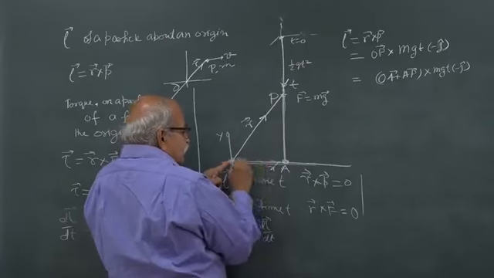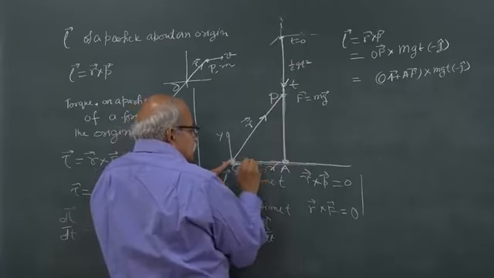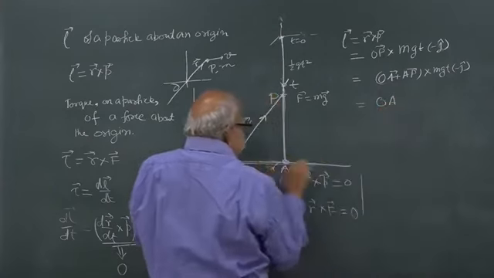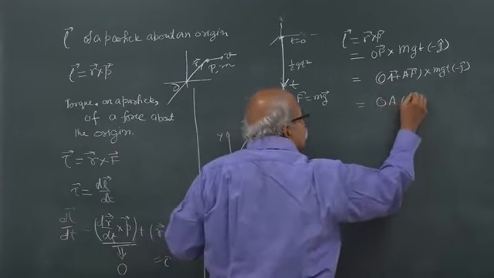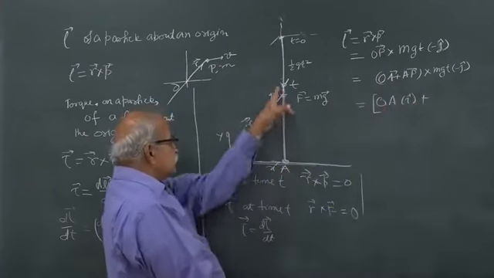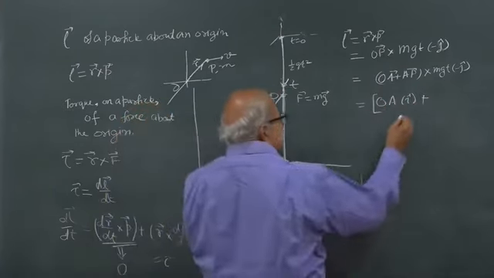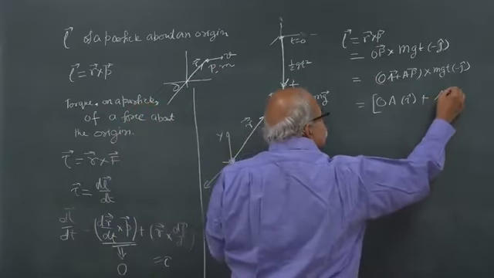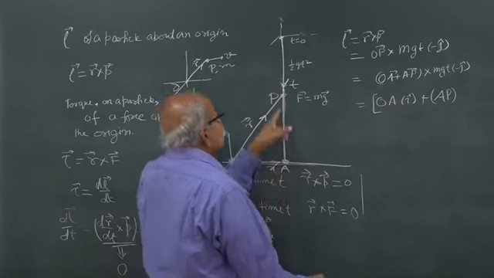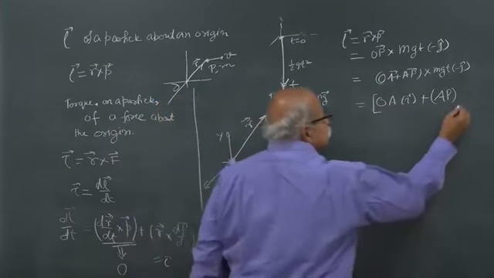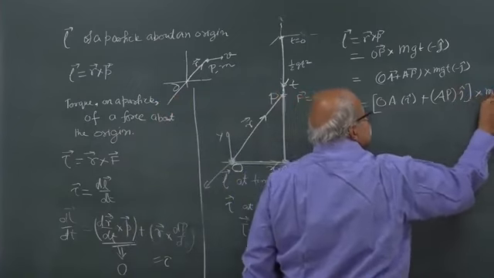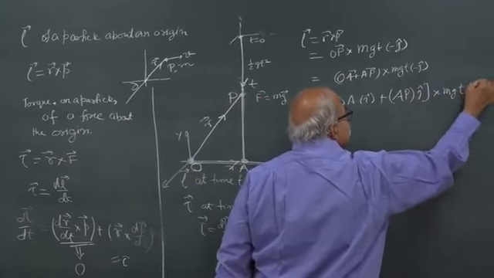OA is some distance, so this is OA times i cap, plus AP times j cap, and cross mgt minus j cap.